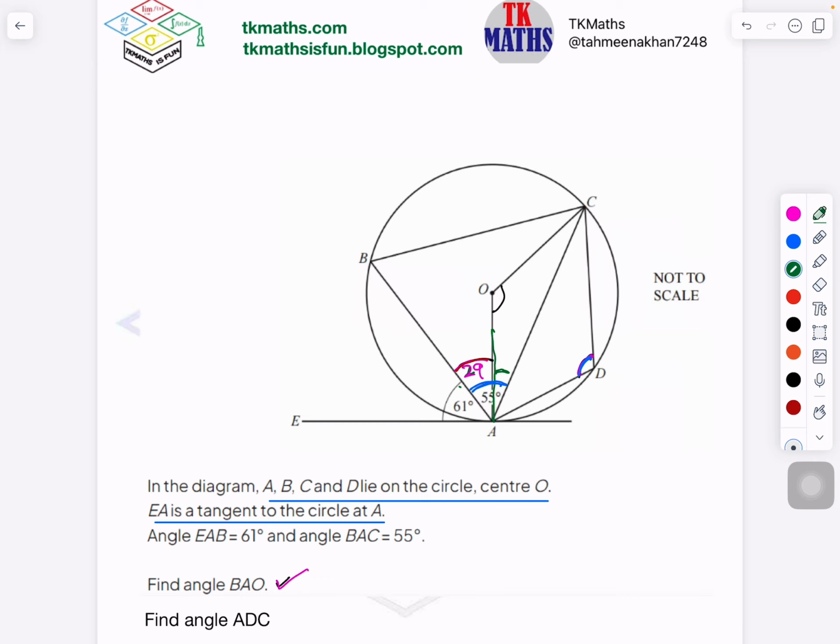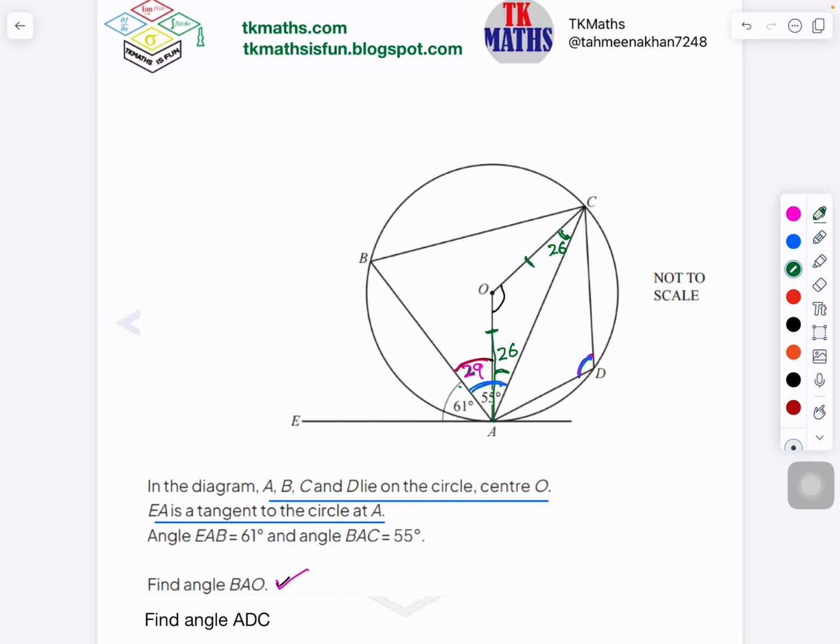It is 26. Okay, now if this is 26, we know the radius of a circle is always equal in length. So it means AOC is your isosceles triangle. So this means this is also 26.